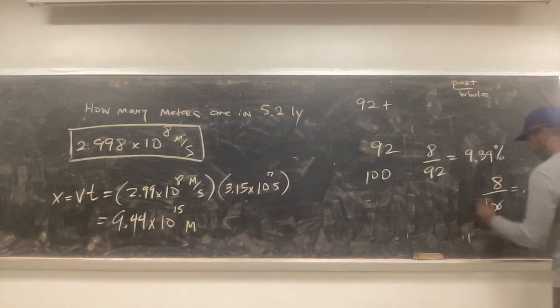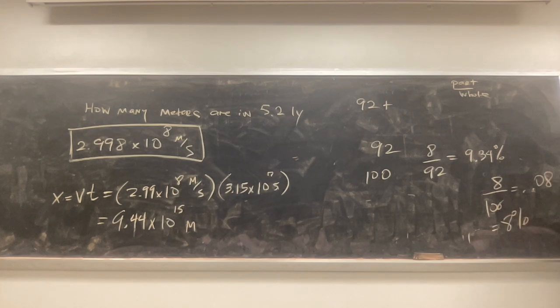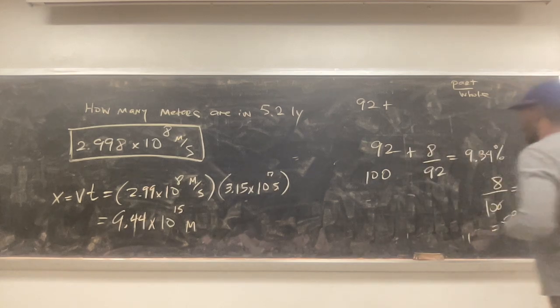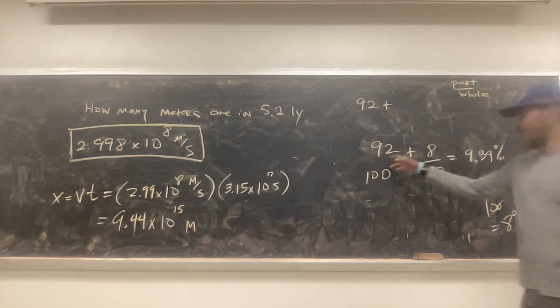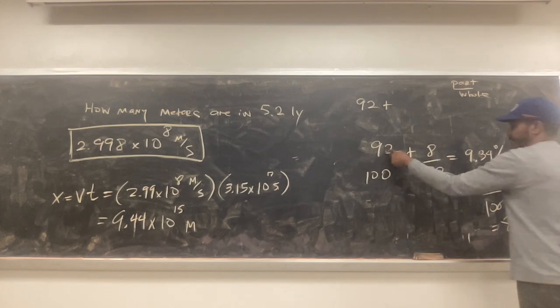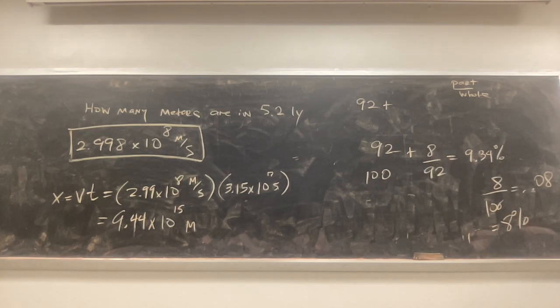So if I did 92 plus, if we divide by 100, we get the 8%, whatever that number is, 8% of 100. When we add it back to this, it should give us 100. Actually, it does. That's just some fuzzy kind of math. I don't know. But I just say, always take the smaller one.